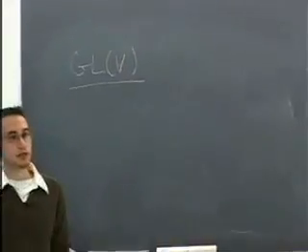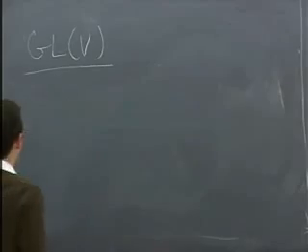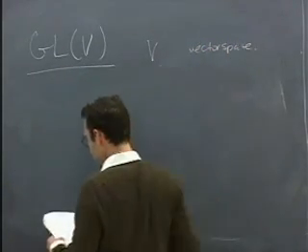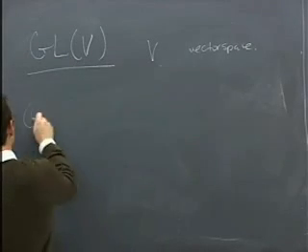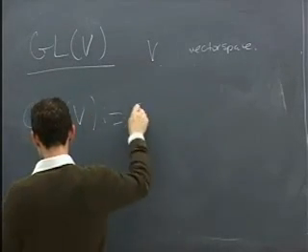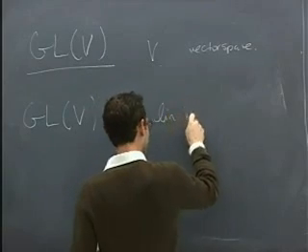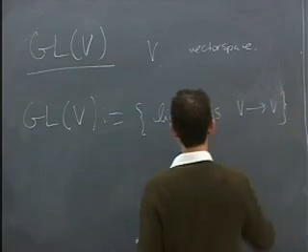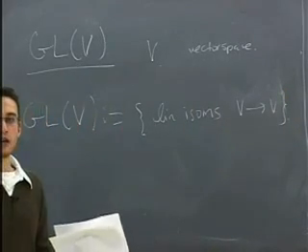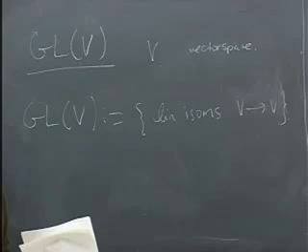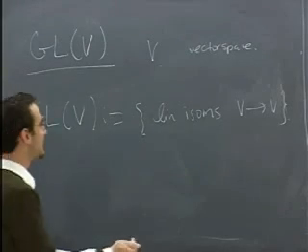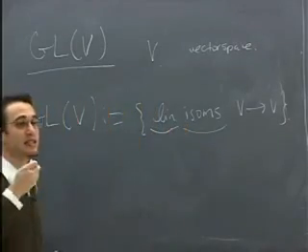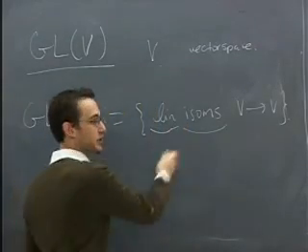So again, let's just start with some vector space V. Well, then we define GLV to be the set of linear isomorphisms from V to V. So this is the analog of the automorphism group of a group, except that we demand something additional. We demand not only that this thing be a group isomorphism, but that it preserve the scalar multiplication. So these are linear isomorphisms.